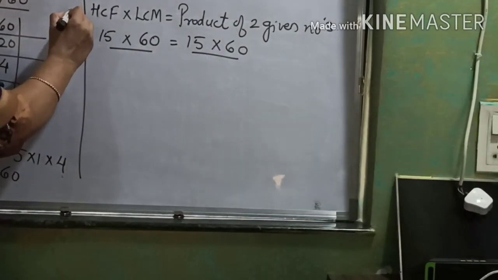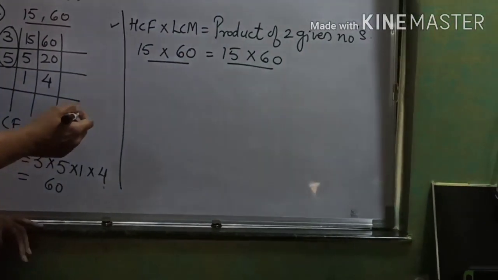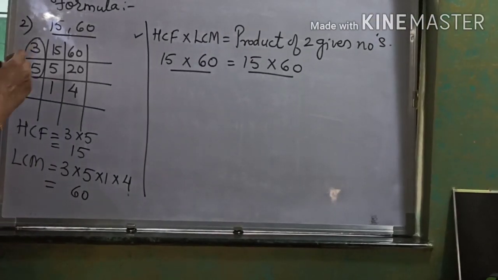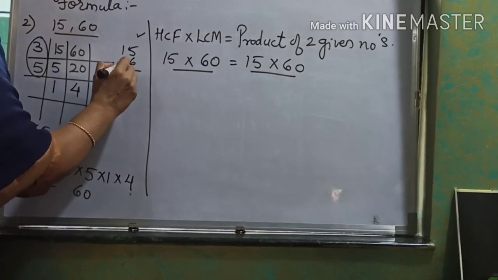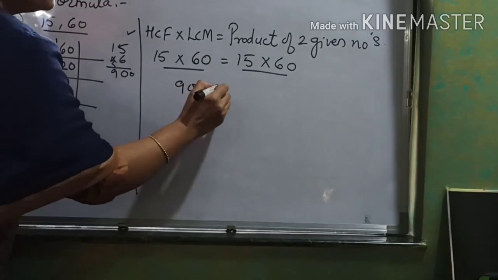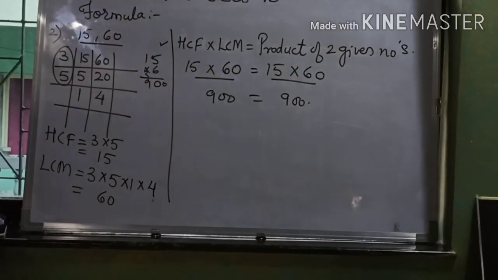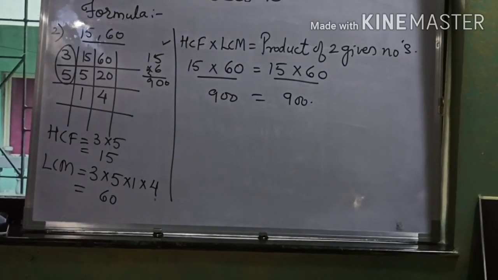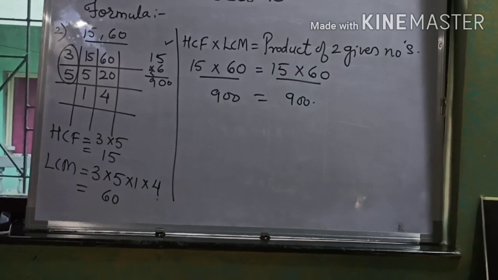So this formula is verified. So you can find out the answer. 15 into 60 comes to 900. So in this way you can solve these sums. The remaining sums you have to solve from this practice set 13 on your own.